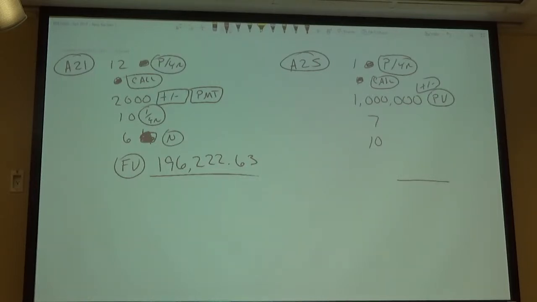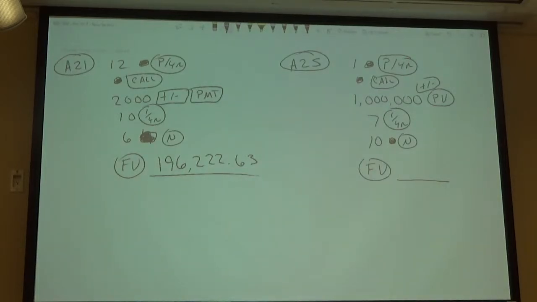The positives and negatives under the simple problems aren't going to make any real difference. It's when we get to the more complex problems that they're going to make a difference, so it is good to get in the habit of doing them precisely. Interest rate is 7%, the term is 10 years, and we're solving for the future value.